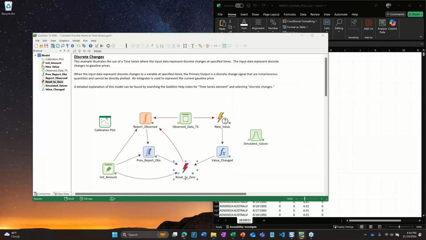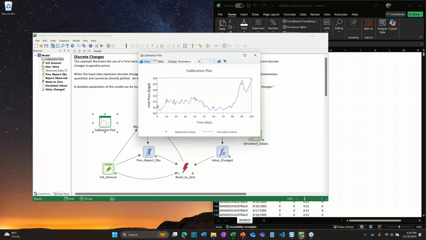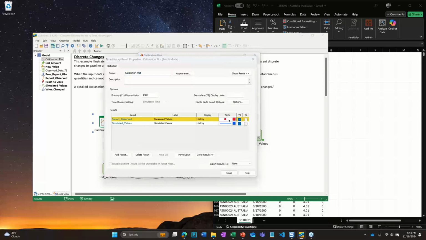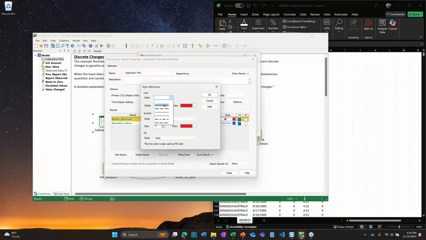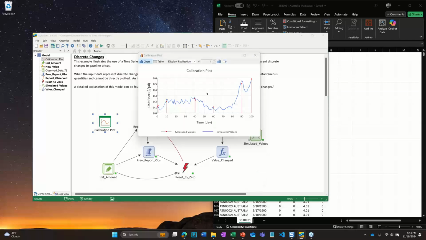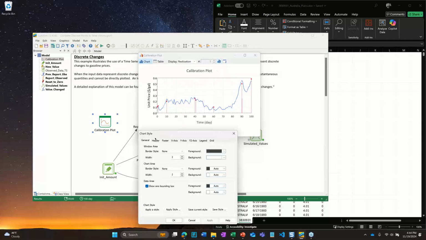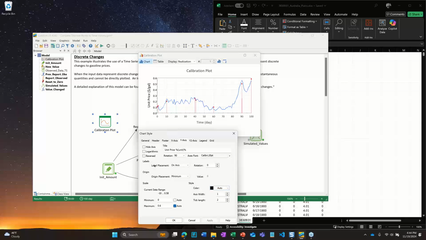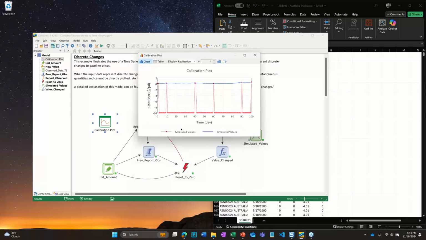Let me turn the line on so you can see. It makes more sense when I turn this line on.